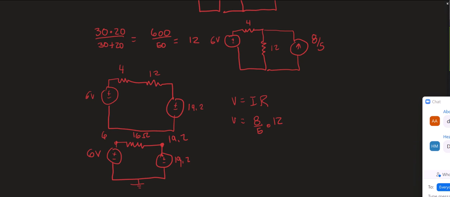And we can go ahead and figure out what the current is. Are we supposed to find? It just says if it's supplying or absorbing power. So it doesn't say to actually find the power, but we can do that.